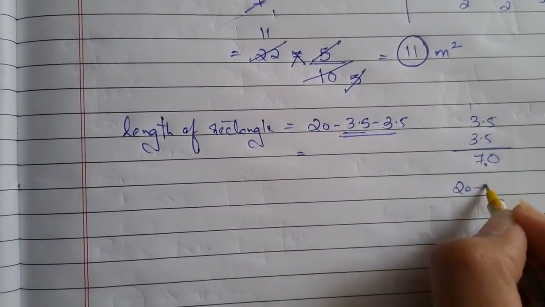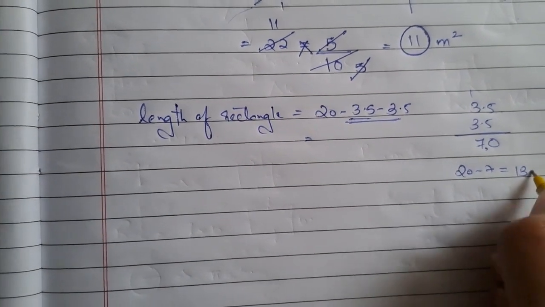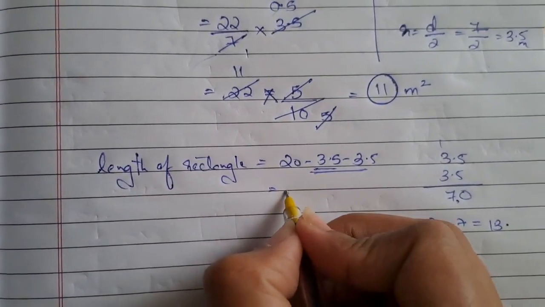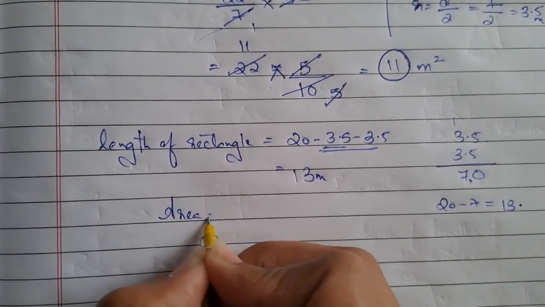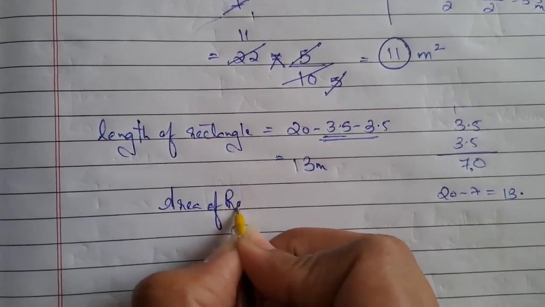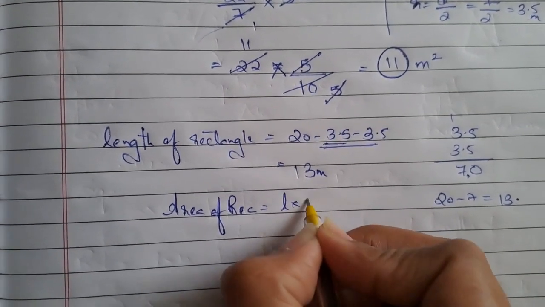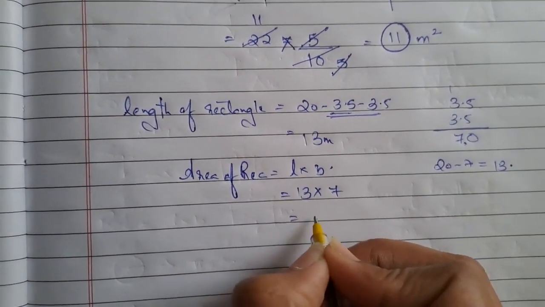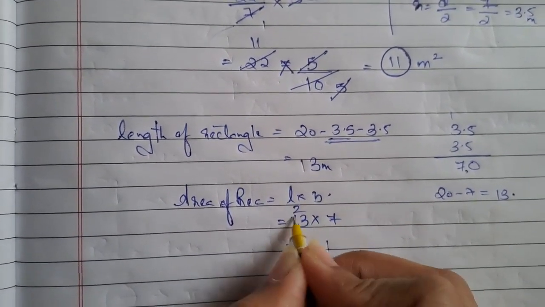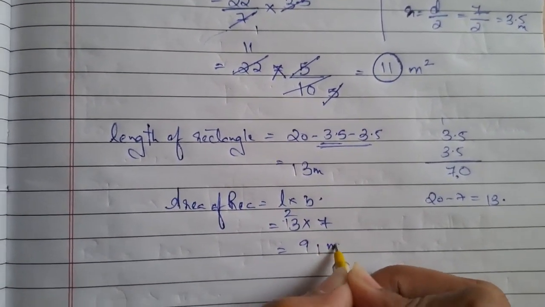From 20, if you subtract 7, it's going to be 13. So 13 meters is the length. Area of the rectangle is equal to L into B, which is 13 times 7. That will be 7 threes are 21, 7 ones are 7 plus 2 is 9, so 91 meters square.